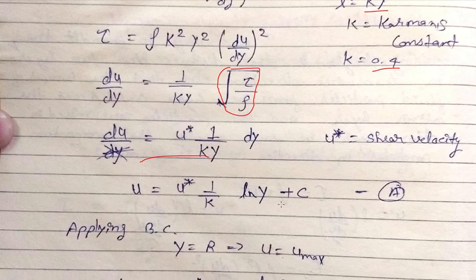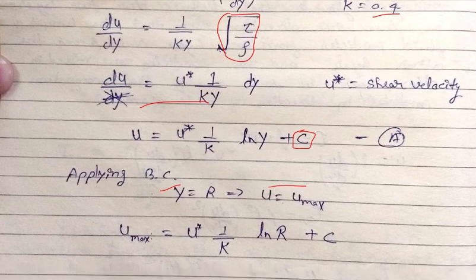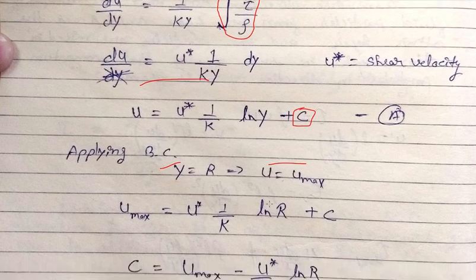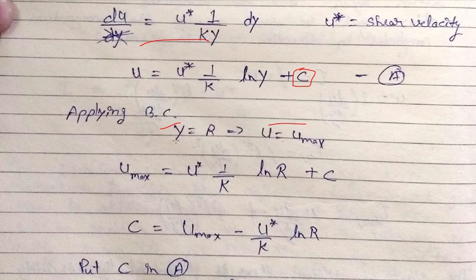Now apply the boundary condition because we want the integration constant. At the boundary, y equals r, then u equals u max. So u max equals, put the values. Now we want the c value, so put y equals r and u equals u max.